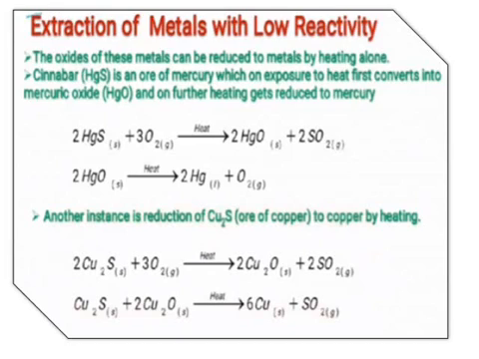So look at the equations. 2Cu2S plus 3O2 gives 2Cu2O plus 2SO2. On further heating of Cu2O with Cu2S, it gets separated as 6Cu plus SO2. So the equations are very important in this case.